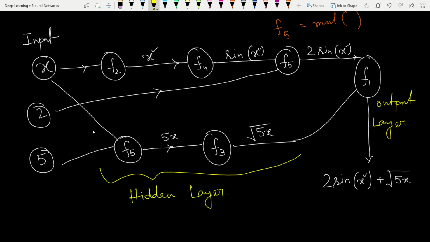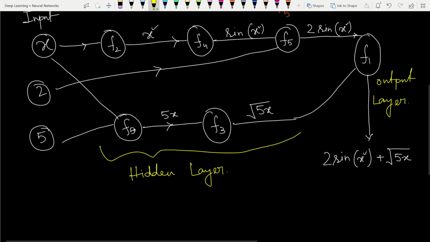And guys, you can see here, it's not fully connected. Between these two are not connected, these two are not connected, these two are not connected. So it's not a fully connected neural network. When we require, we make the connections.